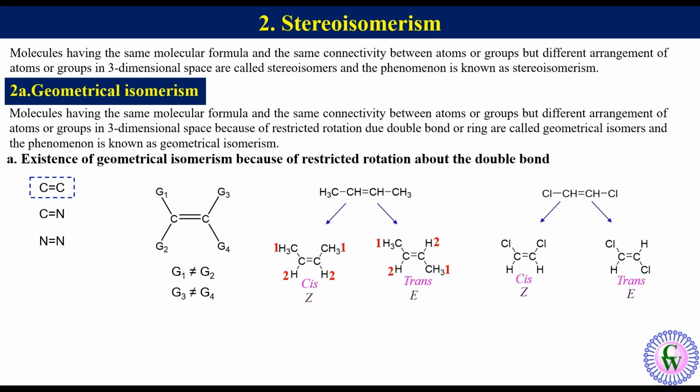For example, cyclooctene has two geometrical isomers, cis-cyclooctene and trans-cyclooctene.